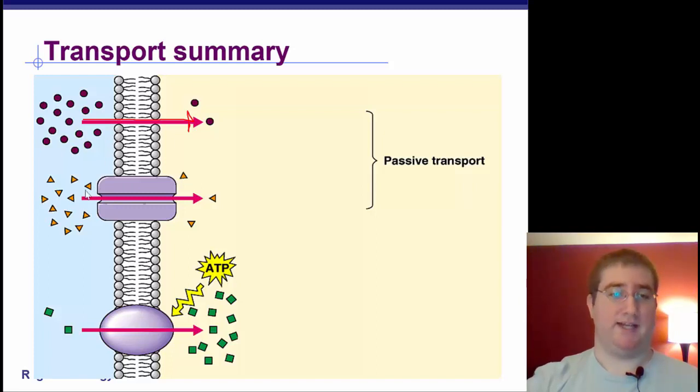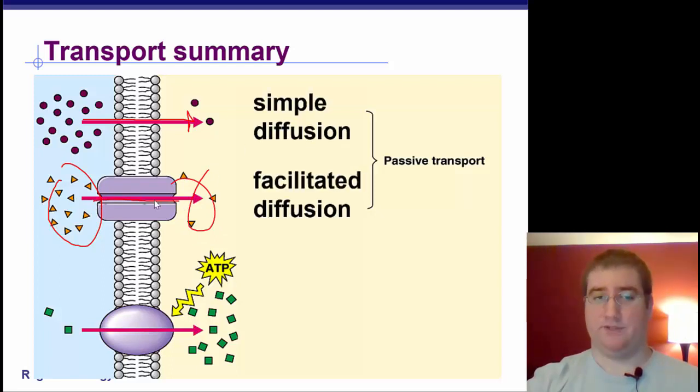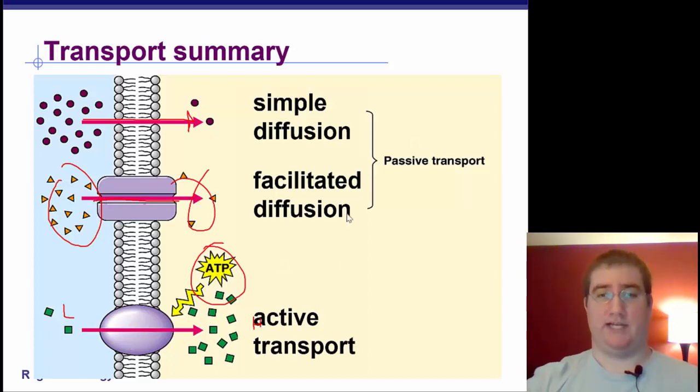We have the second type where we're going from high concentration to a low concentration through a channel, which is facilitated diffusion. And the last type we just discussed is when you're going from a low concentration to a high concentration using ATP and a protein, and that is active transport. So we have two types of passive and only one type of active. Passive, high to low, active, low to high.